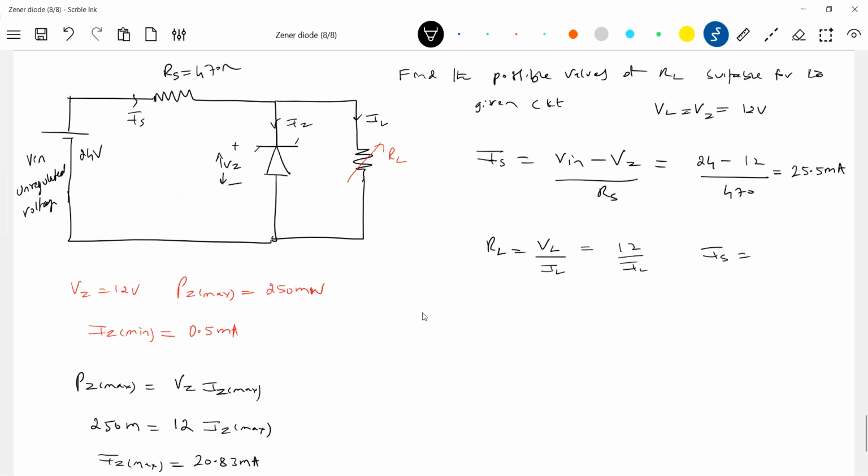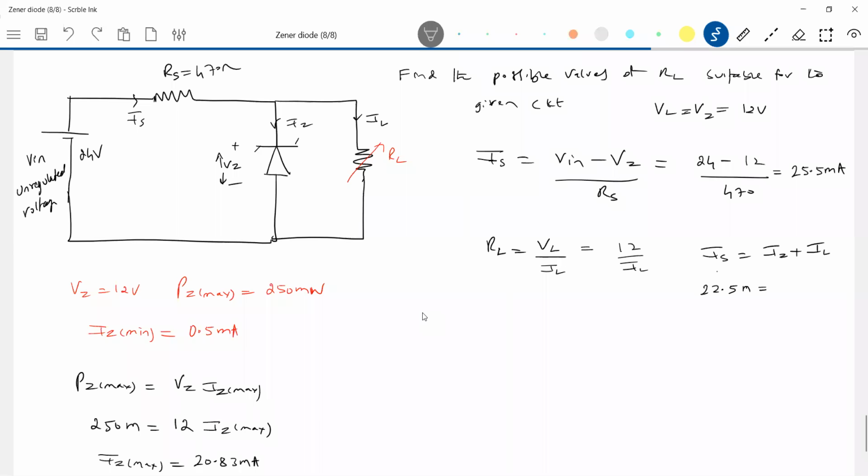And we know applying KCL, IS equals IZ plus IL. IS is fixed here now. IS is how much? 22.5 milliampere. So when IL will be minimum, when IZ is maximum or IZ is minimum? When IZ is maximum, IL will be minimum. So this IZ maximum is how much? 20.83, then IL will become minimum.